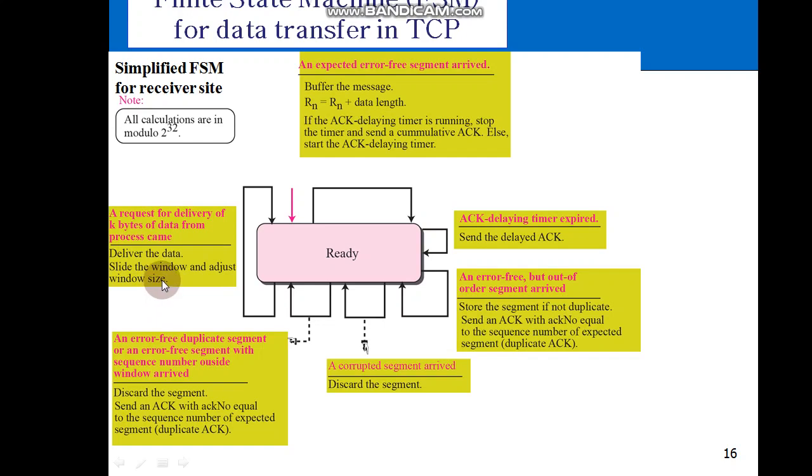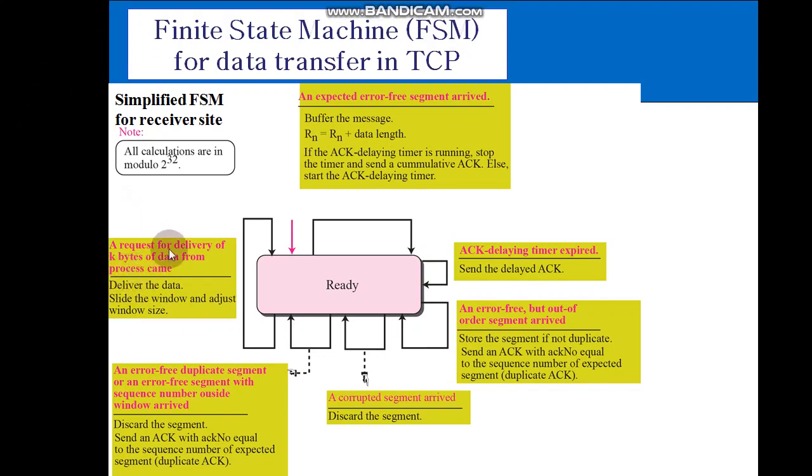It vacates the buffer of the k bytes sent to the process, so that the next data can be received by the receiver. So this is a scenario where we can understand the data transfer in TCP at the receiver side.